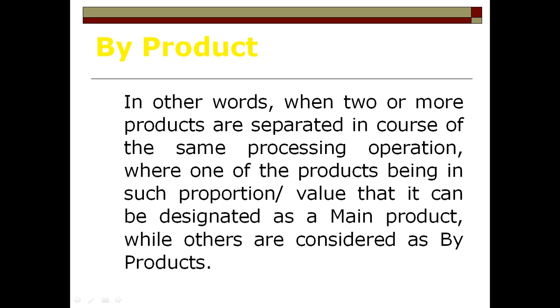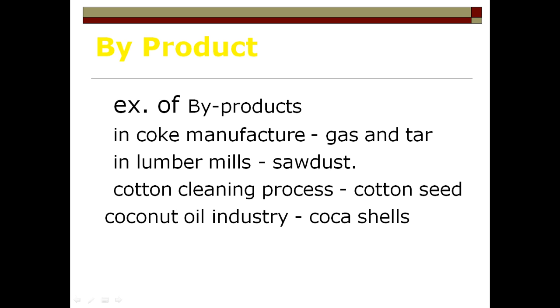In other words, when two or more products are separated in the course of the same processing operation, where one of the products is in such a proportion or value that it can be designated as the main product, the others are considered byproducts. For example, in coke manufacture, gas and tar. In lumber mills, sawdust. In the cotton cleaning process, cotton seed. In the coconut oil industry, coconut shells.